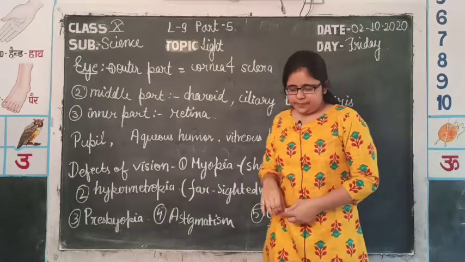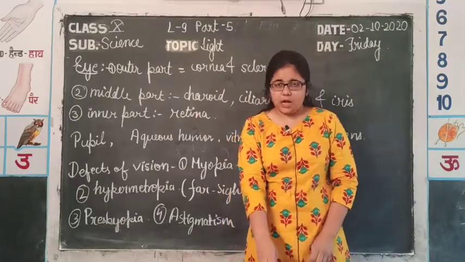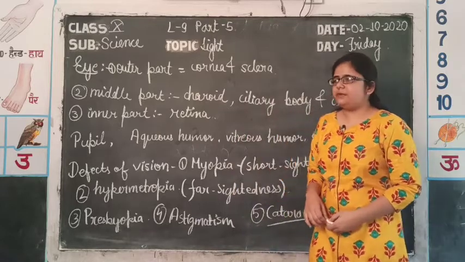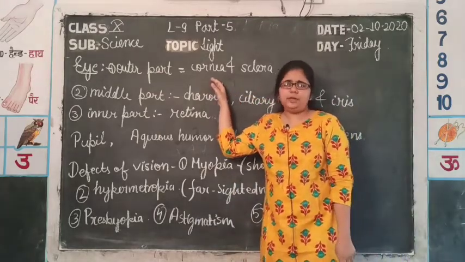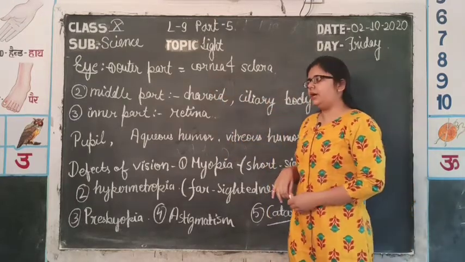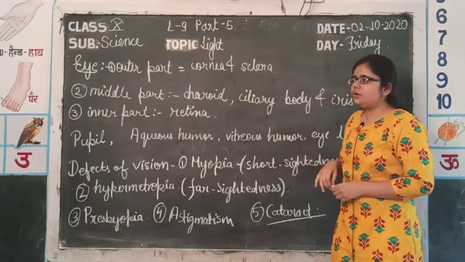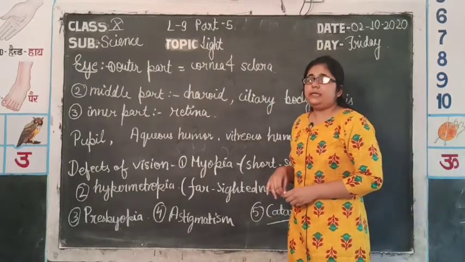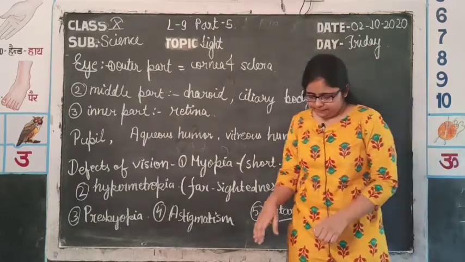It is not transparent, it is composed of fibrous tissue. The fibrous tissues are collagen and elastin fibers. So, cornea is a transparent membrane-like structure which refracts most of the light, and sclera is a fibrous tissue, also known as the white of the eye, composed of elastin and collagen fibers.